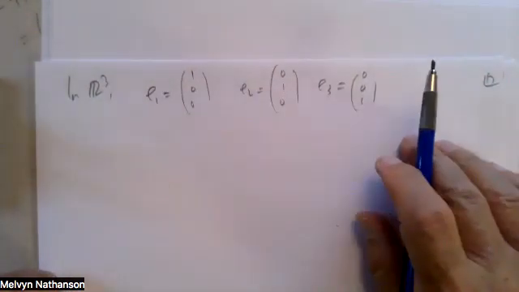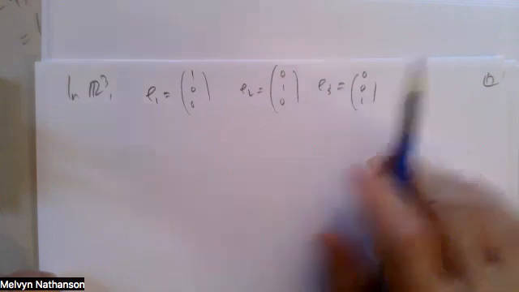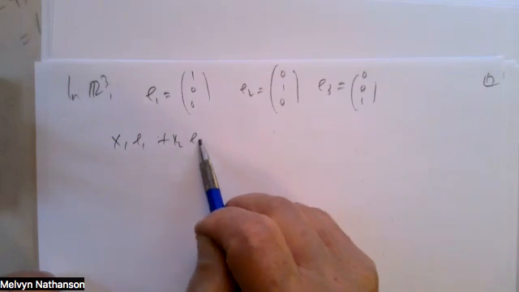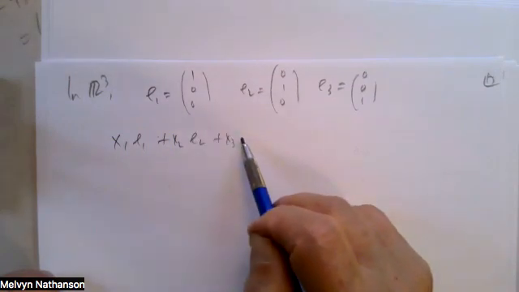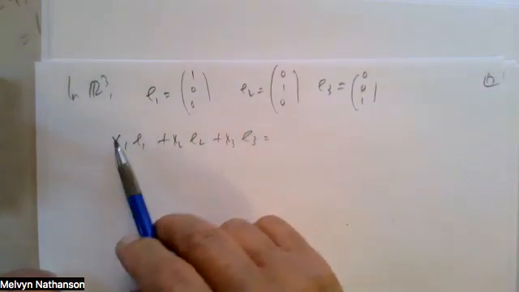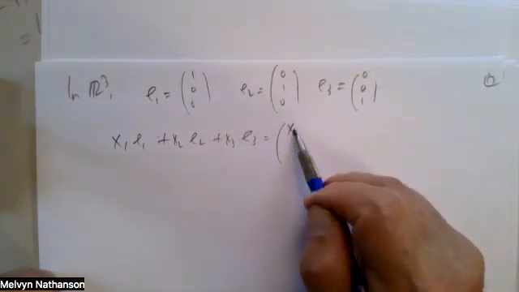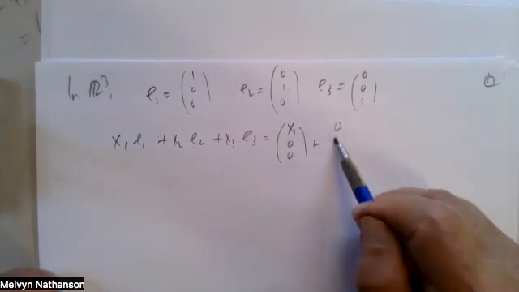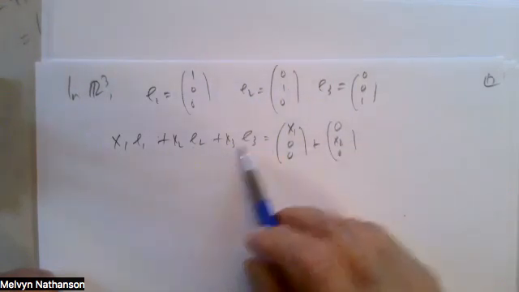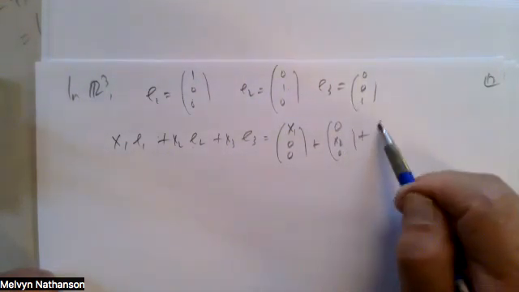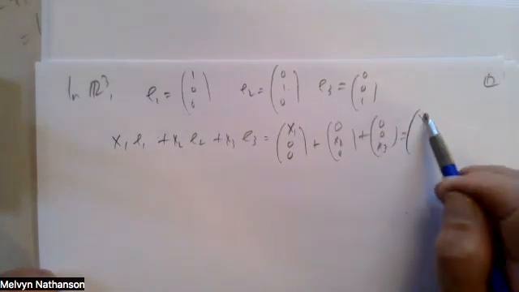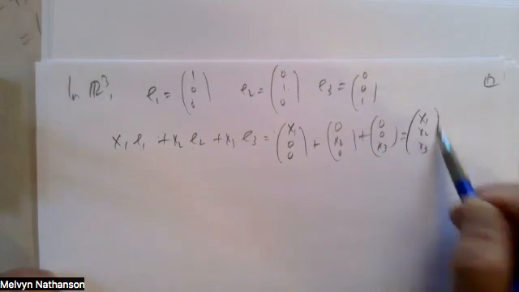Suppose I take some linear combination of these vectors: x1 E1 plus x2 E2 plus x3 E3. So x1 times E1 is (x1, 0, 0). x2 times E2 is (0, x2, 0). x3 times E3 is (0, 0, x3). When I add, I get (x1, x2, x3).